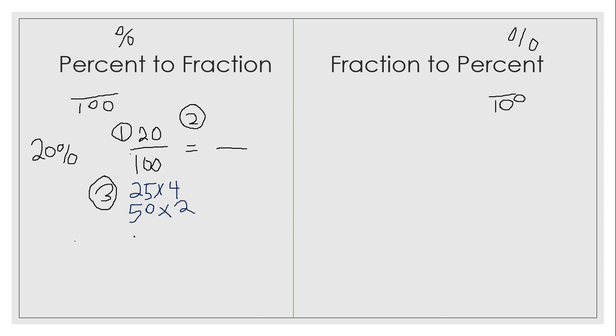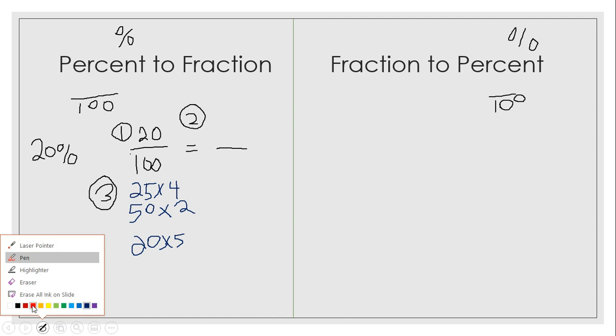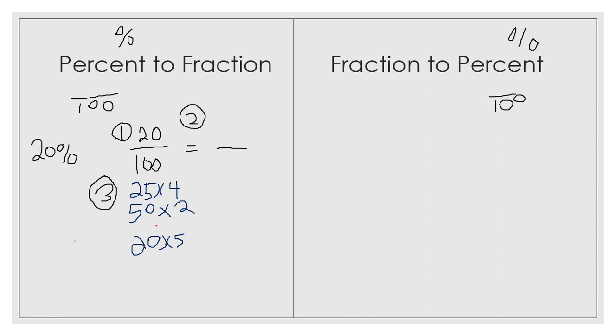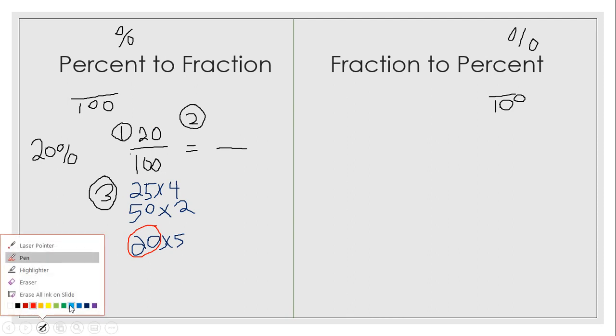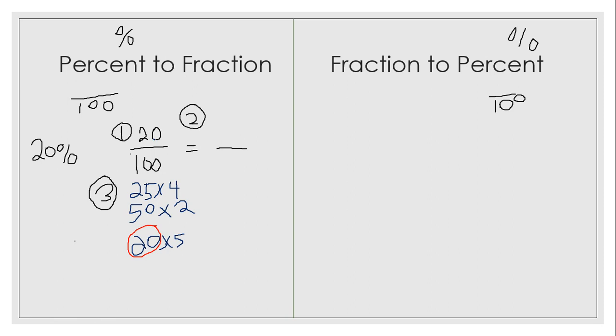I got 20 times 5. And something happened here. Okay, now you can see that there's a 20 here, and there's a 20 up there. Okay, so let's go ahead and write the factors of 20.